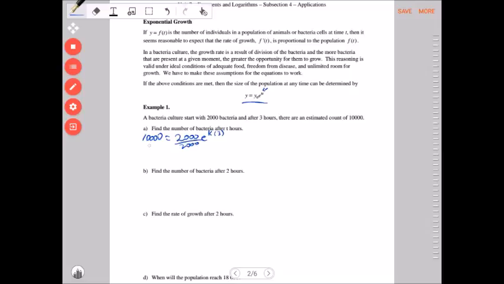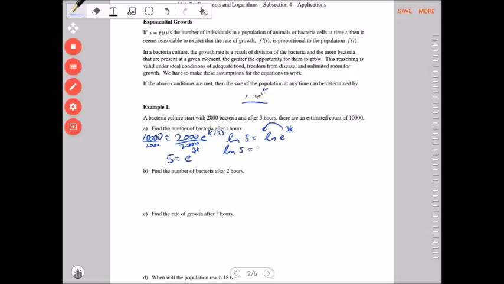So divide by 2,000 on both sides. So 5 equals e to the 3k. All right, we take the ln of both sides. So ln 5 equals ln e to the 3k. So that 3k pops down in front.